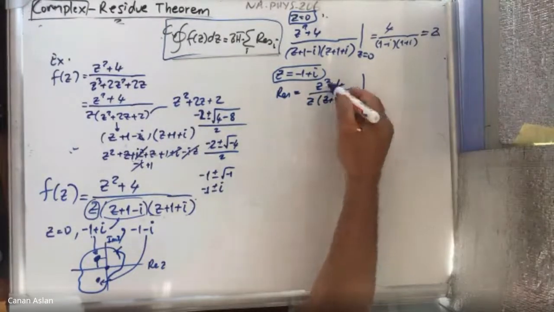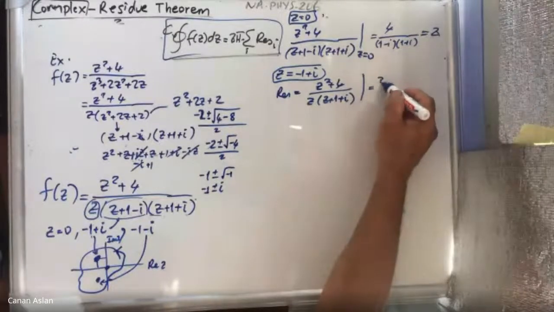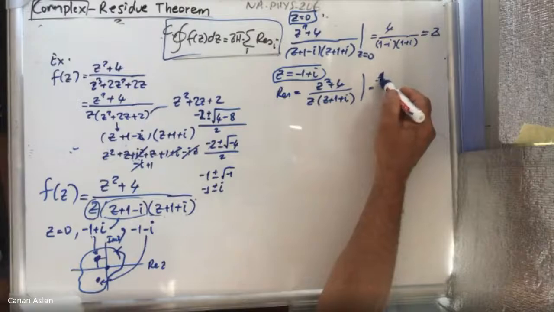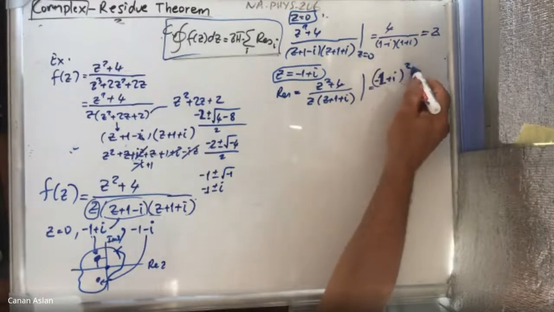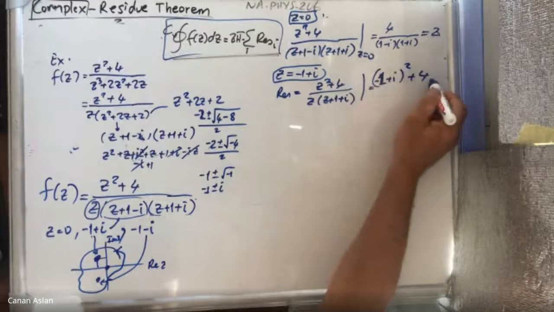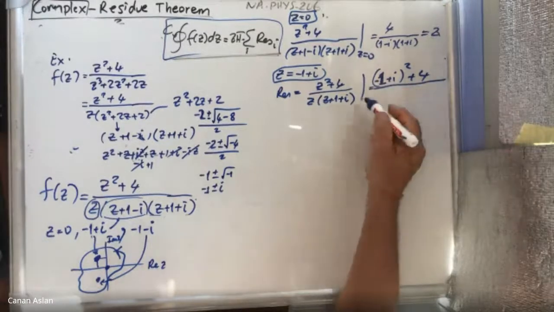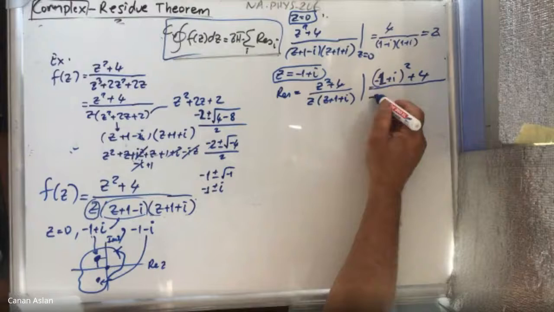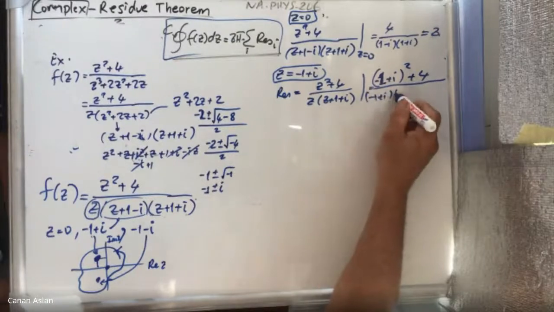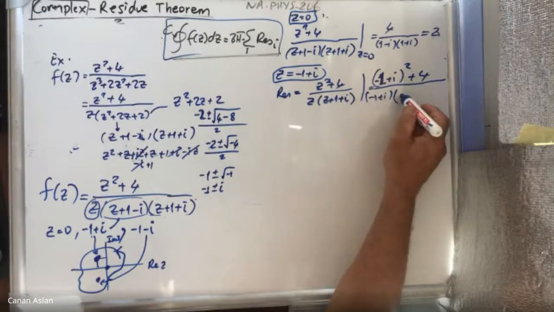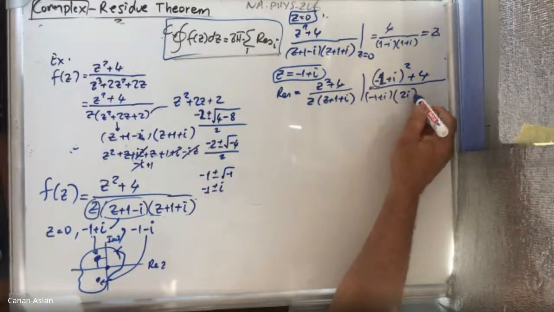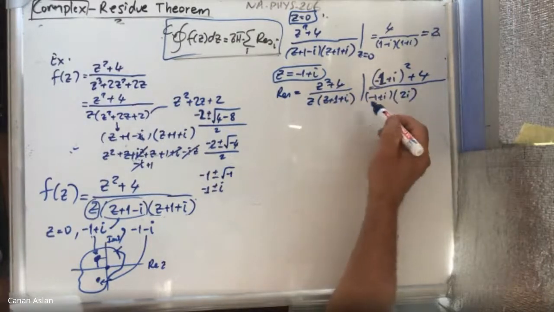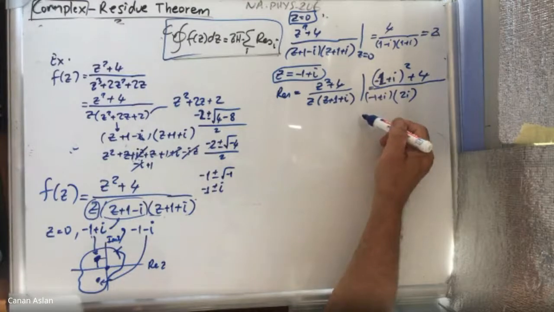The numerator will be (-1 plus i) squared plus 4. This is just the numerator, as you see. On the denominator, we have -1 plus i multiplying (-1 plus i plus 1 plus i), which is just 2i. Because the -1 cancels the 1, we get just 2i.